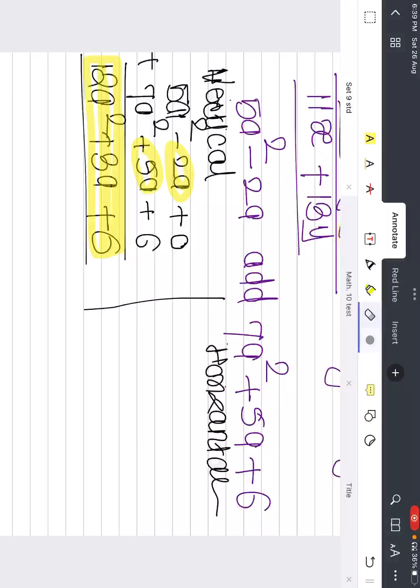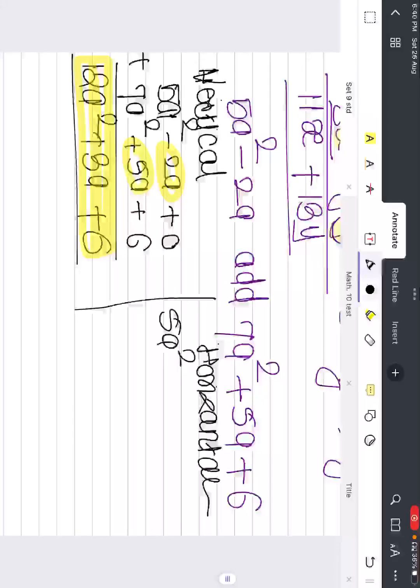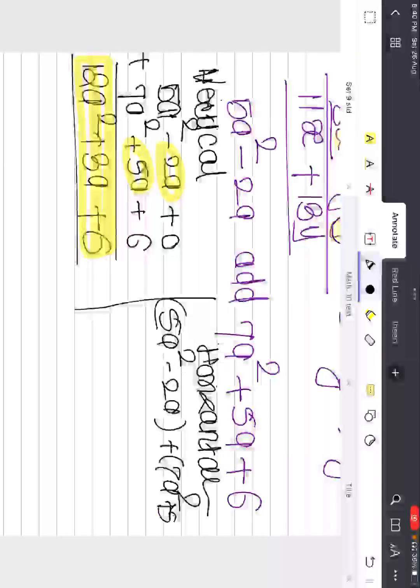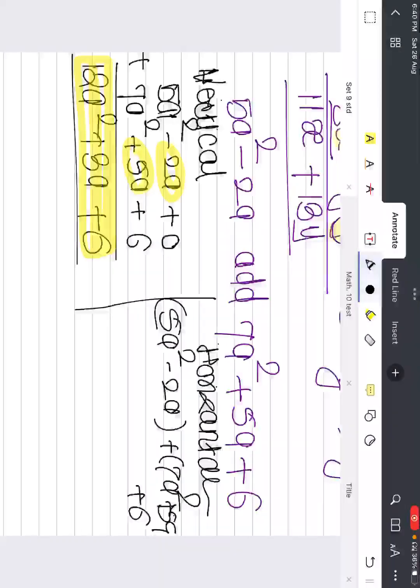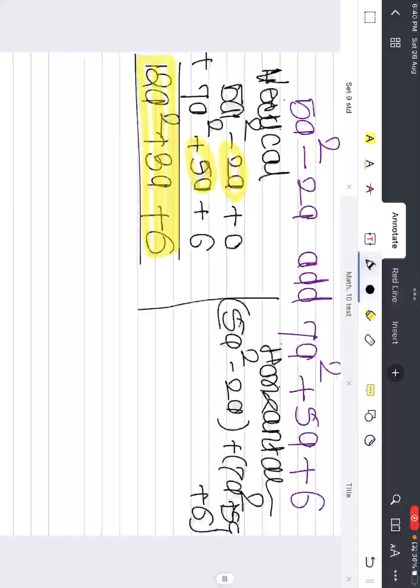Now, if you're talking about the horizontal method, we simply write it in a horizontal format. So 5a square minus 2a in a bracket, plus 7a square plus 5a plus 6.